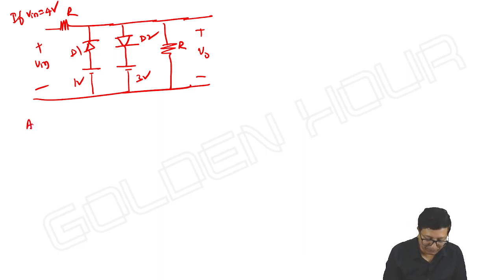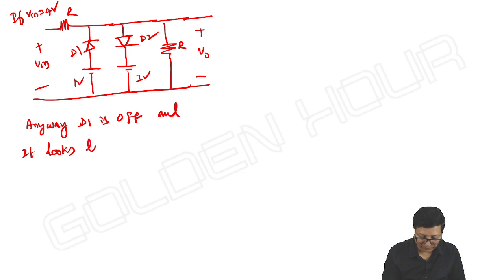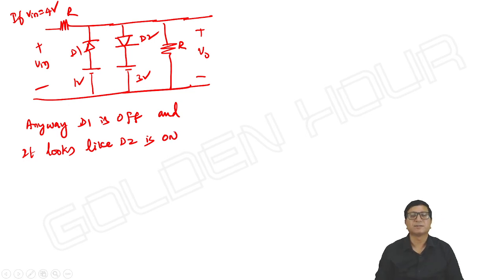Anyway, D1 is 100% off and it looks like D2 is on. Then let's assume D2 is on.